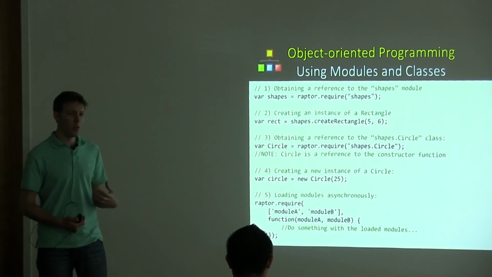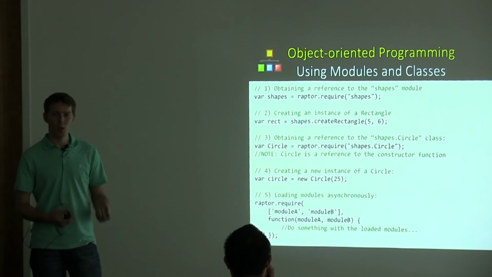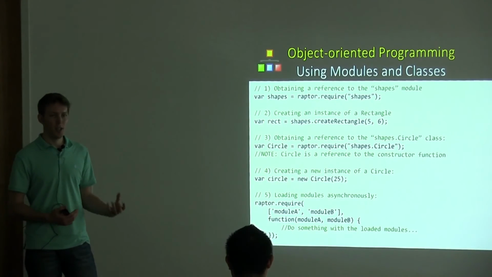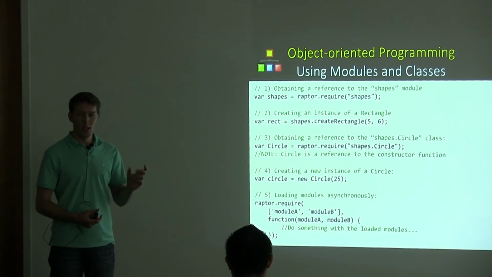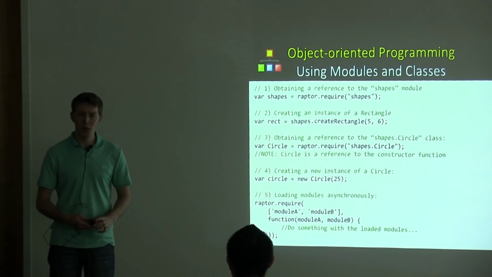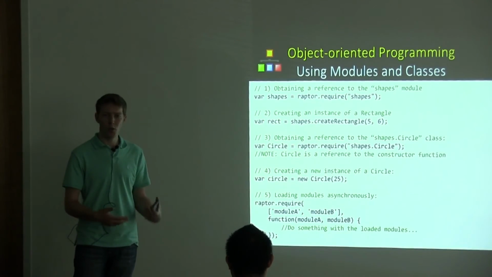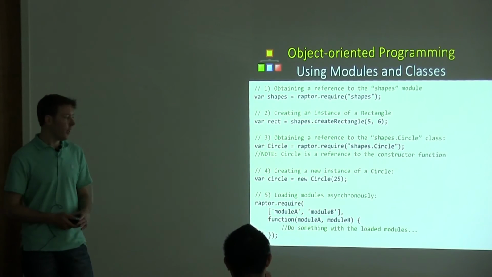In which case, you just change the syntax slightly. You pass it an array of modules that you want to load asynchronously, and then you give it a callback function. Internally, the loader looks for the metadata for those modules, figures out what URLs need to be loaded, downloads all those URLs, and then invokes the callback when everything has been downloaded.